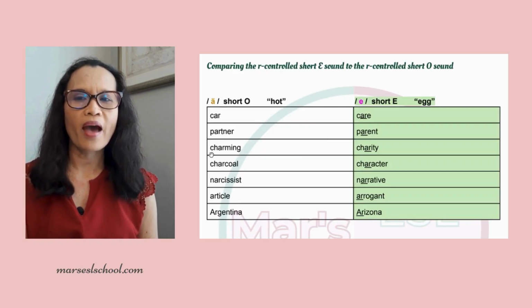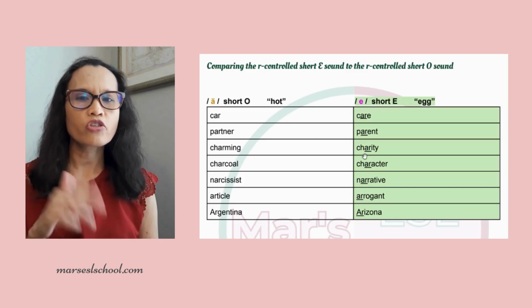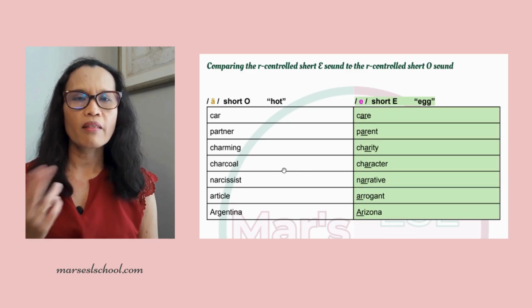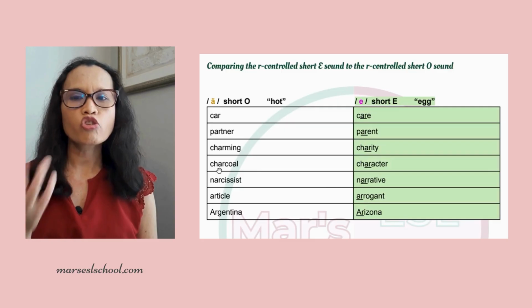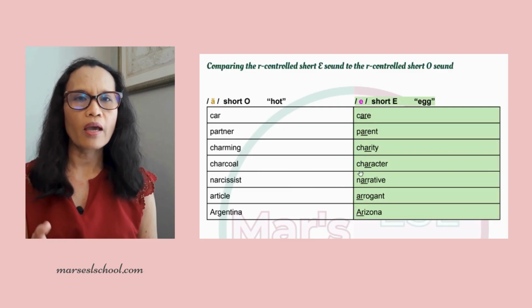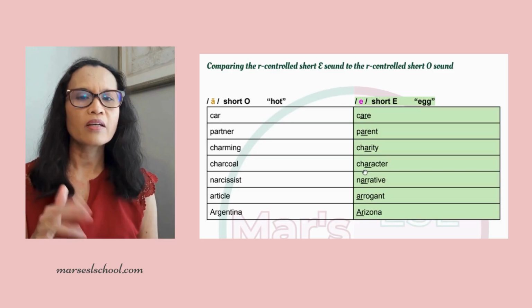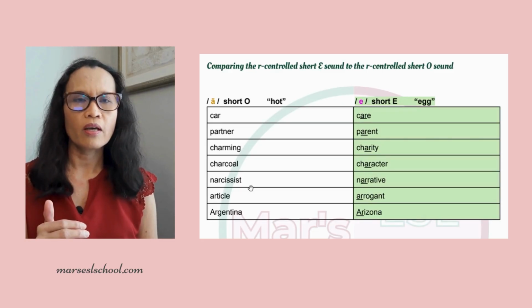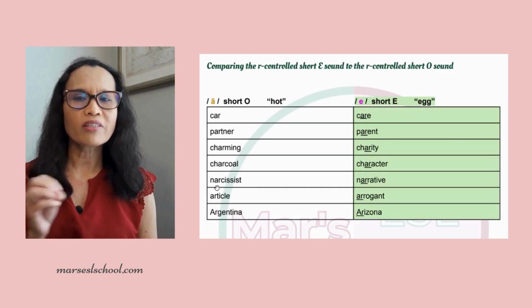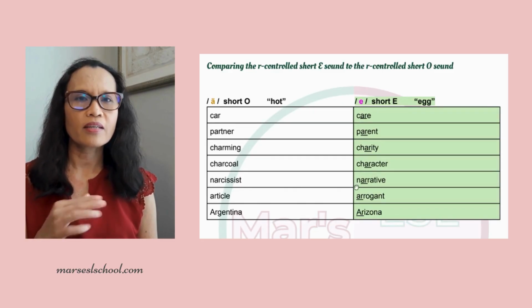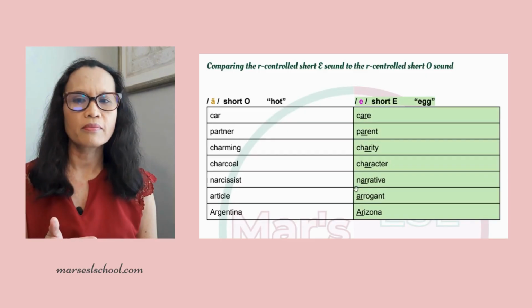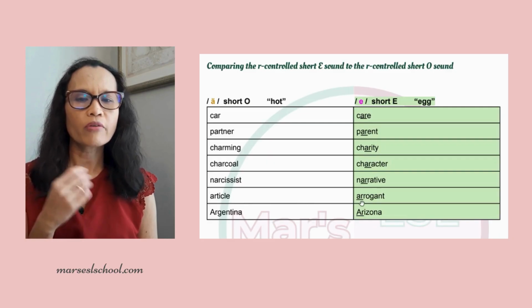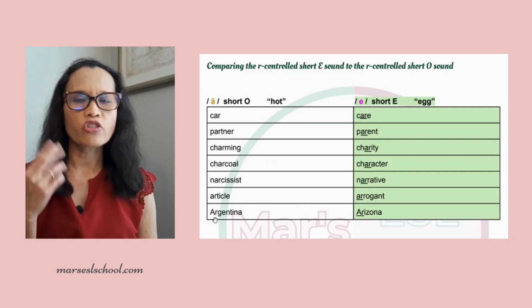Next pair we have charming and charity. Then charcoal, and character. Then we have narcissist and narrative. Article, arrogant, Argentina.